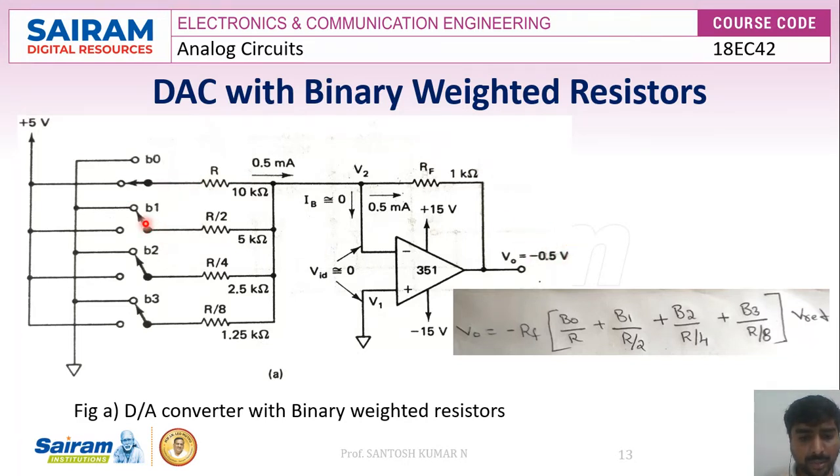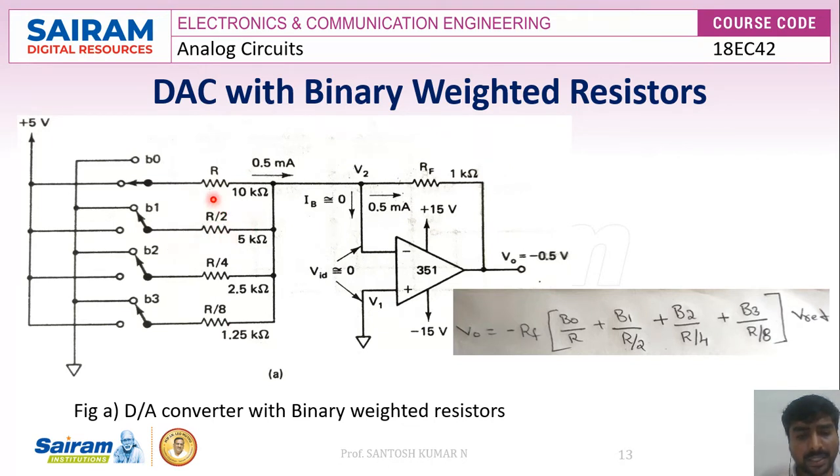Let's consider now switch B1 is closed, and B0 is open. The switch closes when B1 is 1. When this particular switch closes, then a positive 5 volts is applied to this particular resistor. When we apply this 5 volts to this resistor, we get a current of 1 milliamp flowing through it.